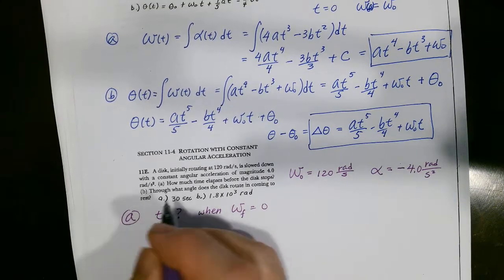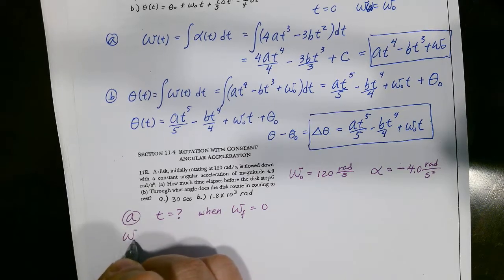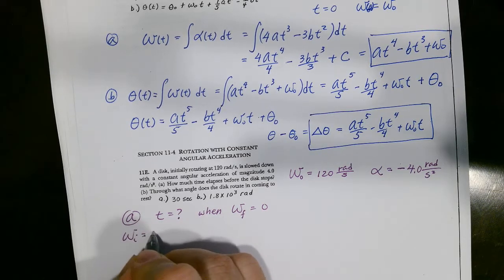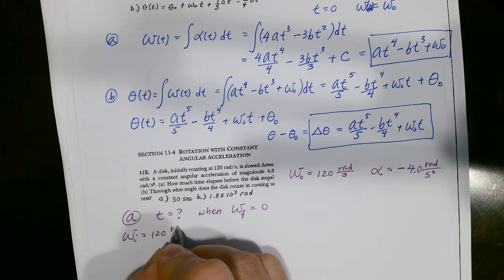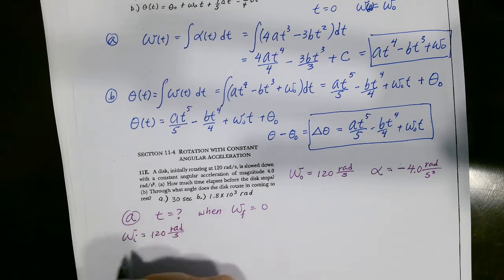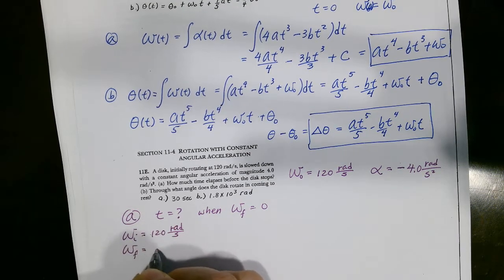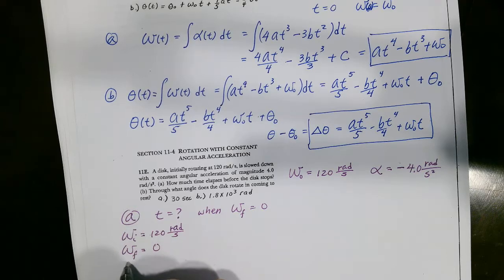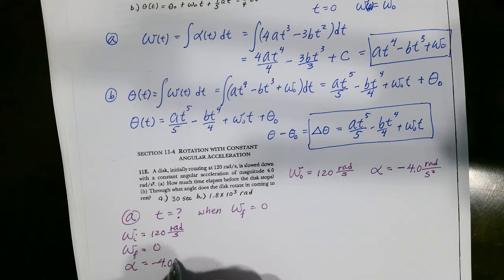So if we list everything that we know, omega initial is equal to 120 radians per second, omega final is equal to 0, and alpha is equal to negative 4.0 radians per second squared. They want us to figure out time.